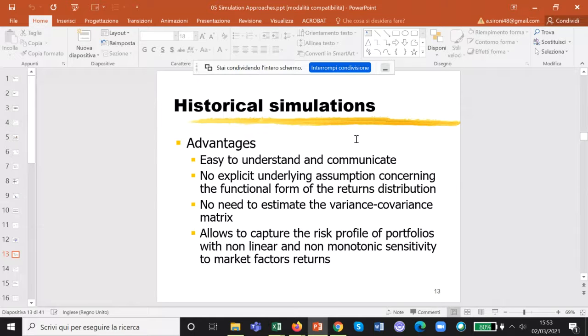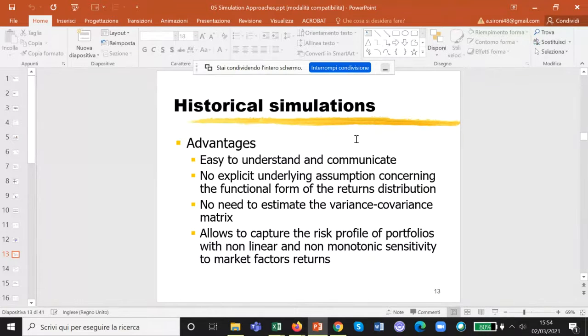Second, there is no explicit underlying assumption concerning the functional form of the return distribution. Third, that's very important, I have no need to estimate the variance covariance matrix because that is incorporated in historical returns.